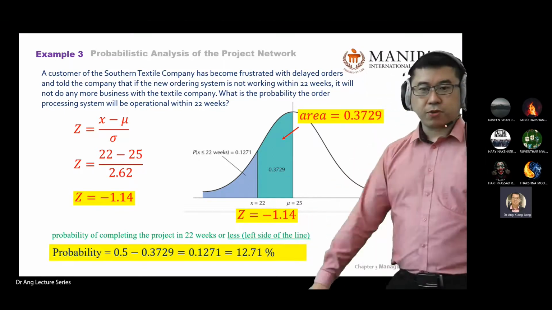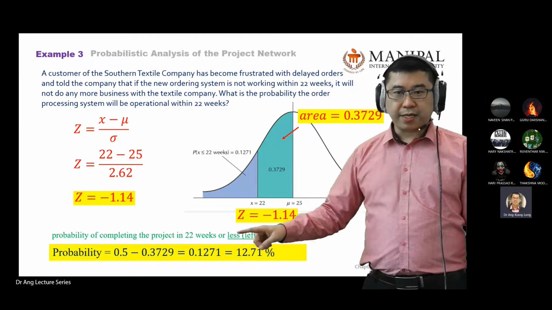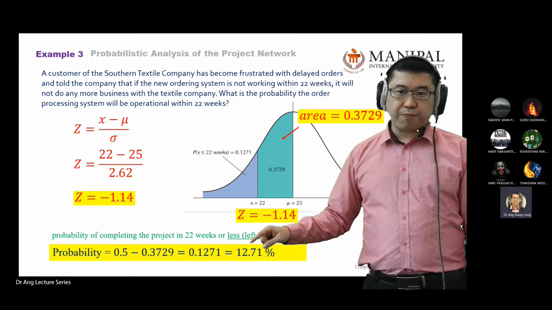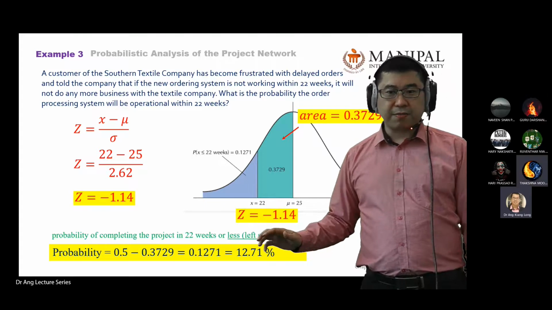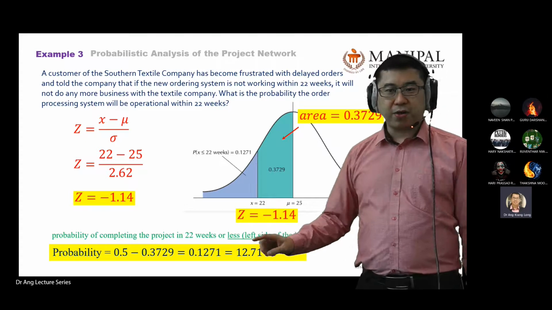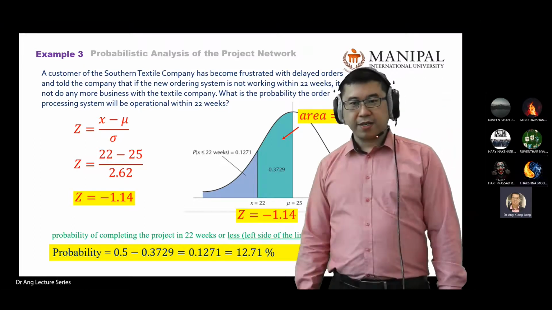If you minus your probability here, you'll get maybe 12.8, 12.6. Still okay, but not more than 1 or 2%.